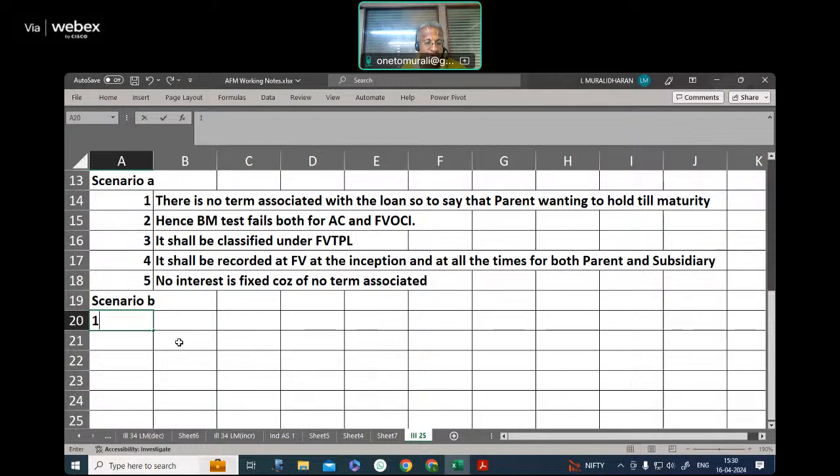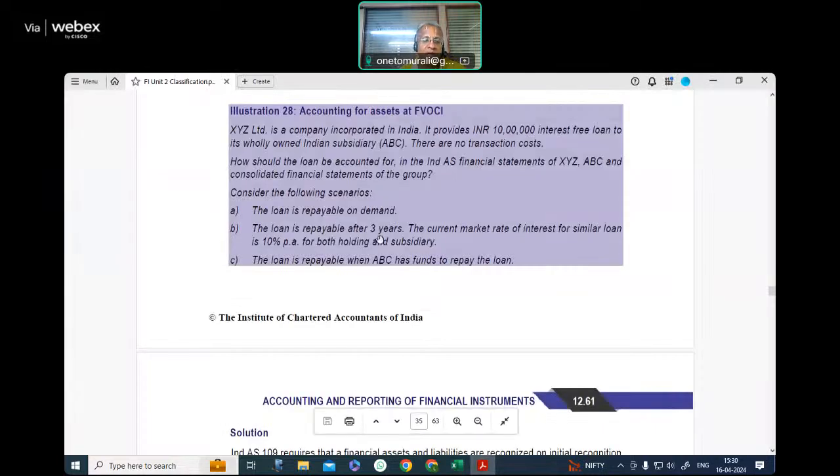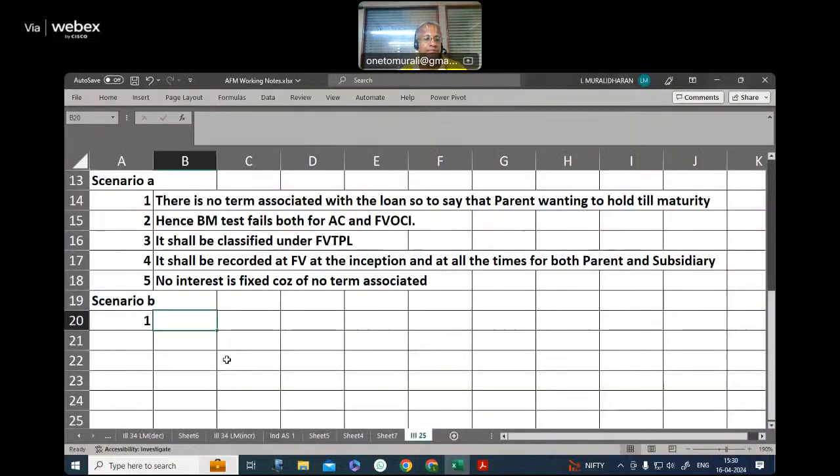So here we have the current market rate of 10%, repayable after 3 years. So here, years 1, 2 and 3. The present value factor is to be taken up at 10%.